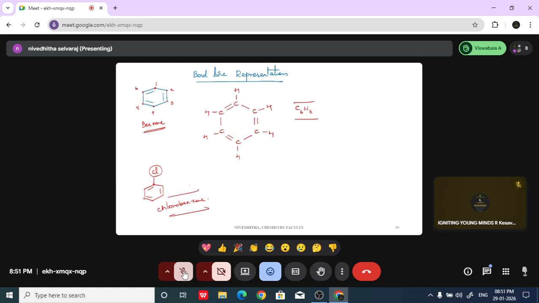Also, whenever we have a single bond, that is a sigma bond. Whenever we have a double bond, one bond is sigma and one bond is pi. Whenever we have a triple bond, one is sigma and the rest of the bonds are pi. Okay.